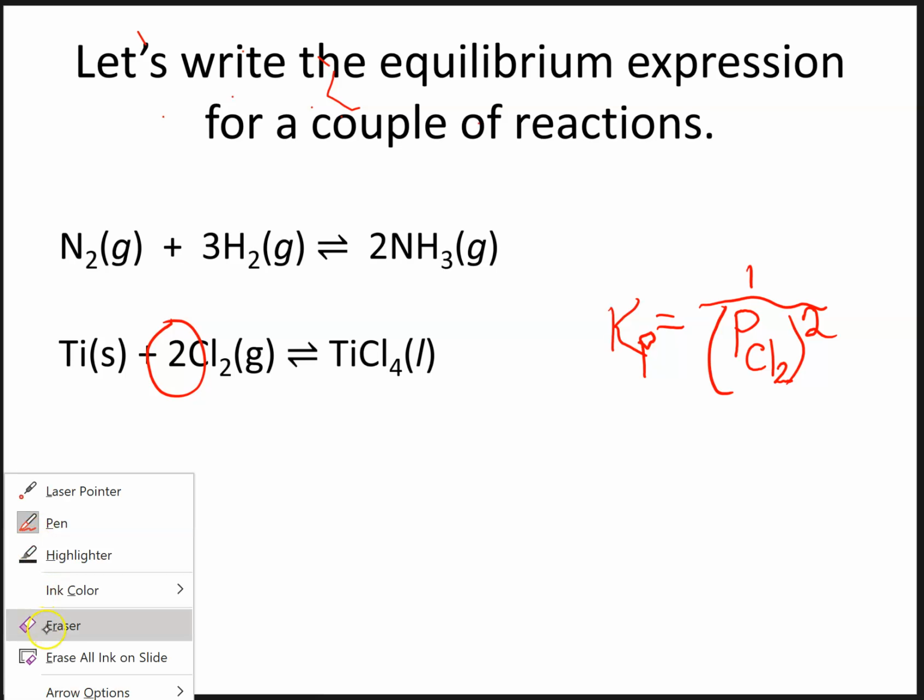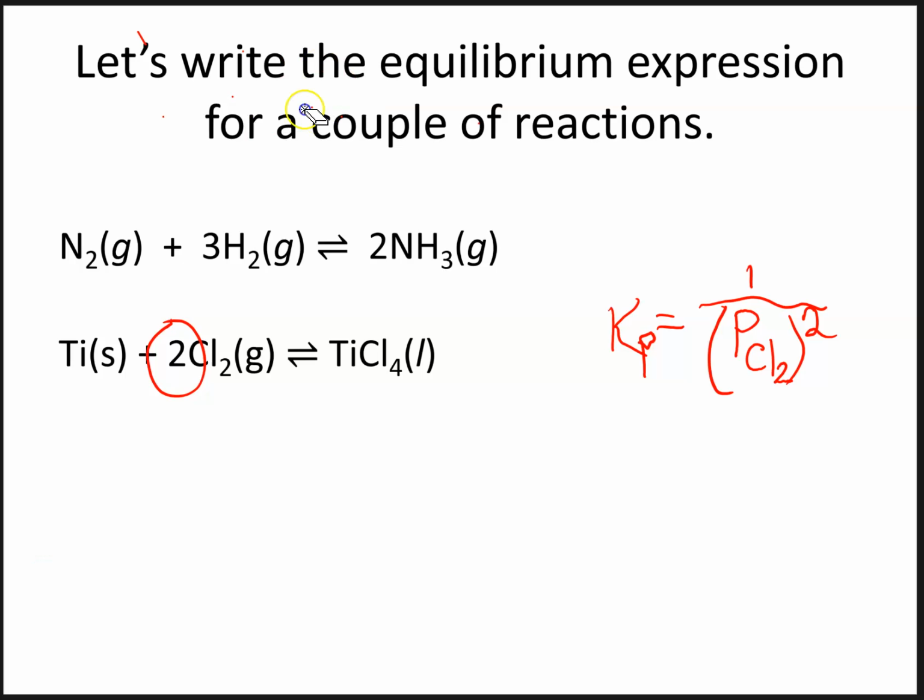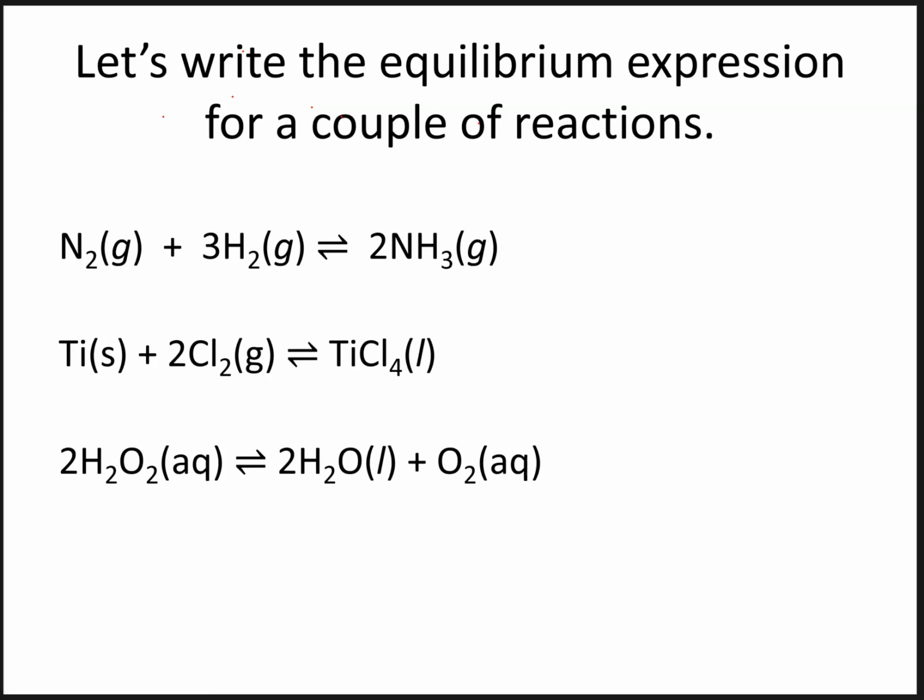Let's go ahead and try another one. And I'll erase this here. This time we'll do something involving hydrogen peroxide decomposing into water and oxygen. So again, it's products over reactants. So we have K equals our product. We have H2O liquid, so it doesn't get in there.